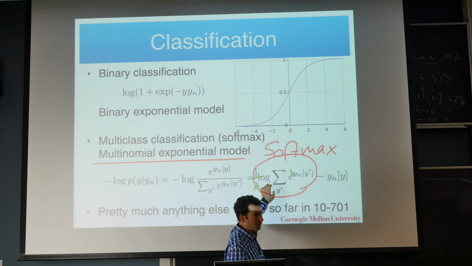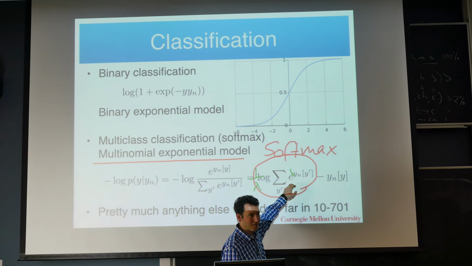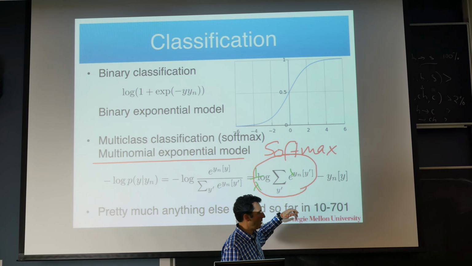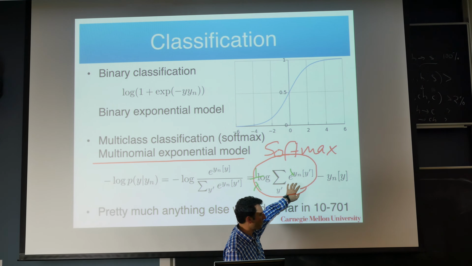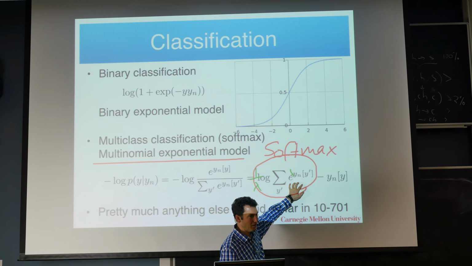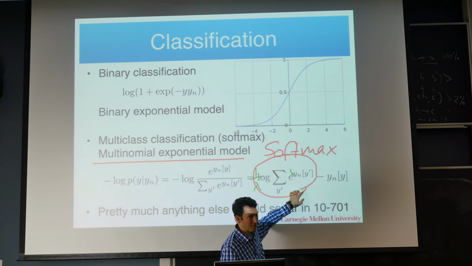So what if I have log x of x? Well, if x is whatever, that will give me x back, right? Now, if I take the sum of a couple of exponentials, and one term is way larger than the others, then the others won't really matter, right?